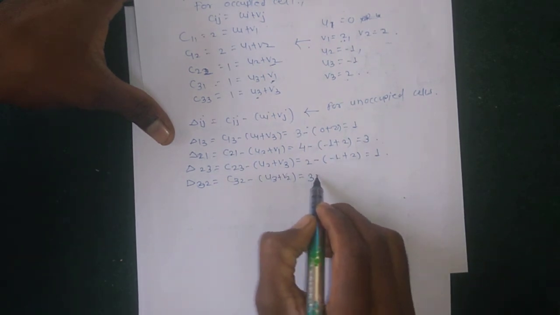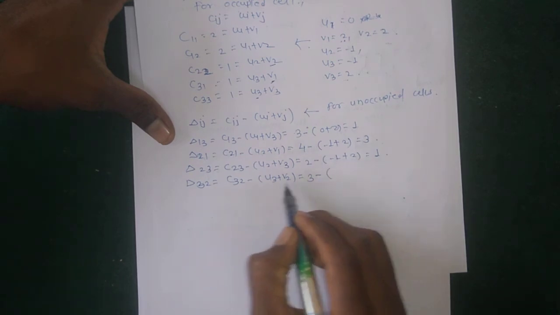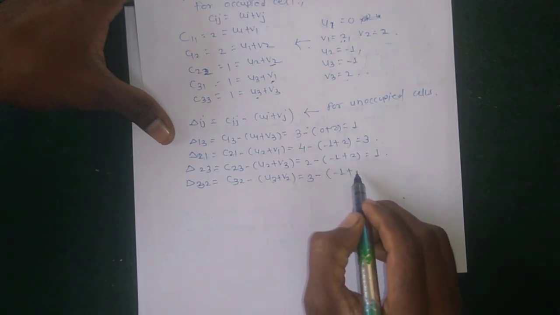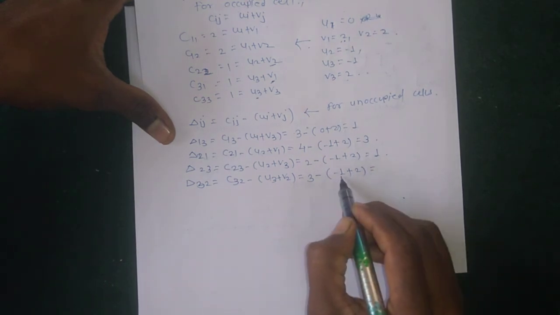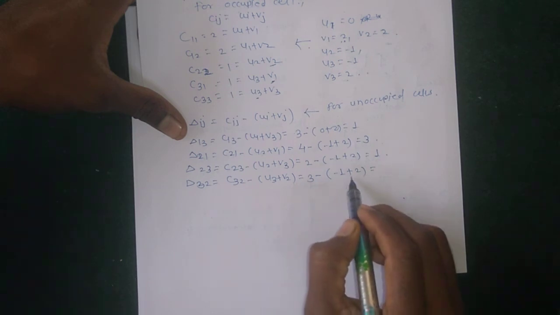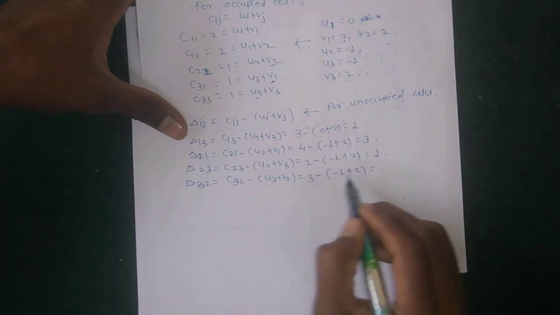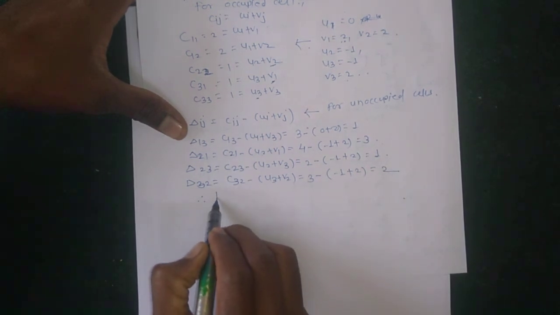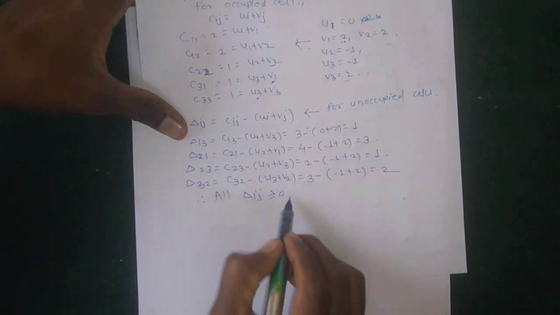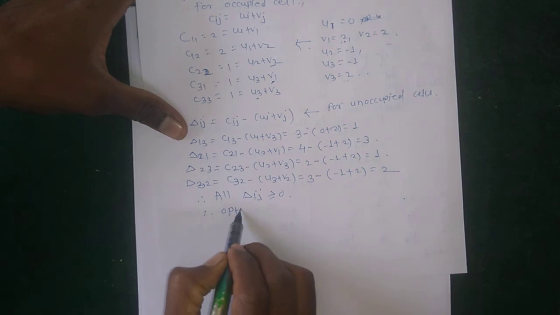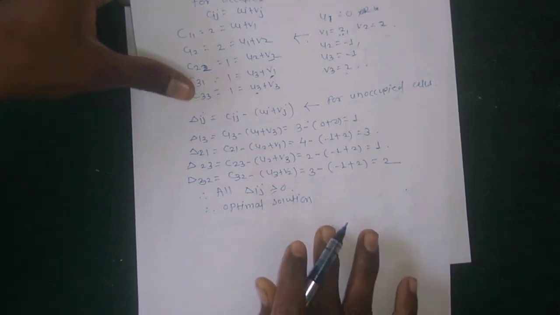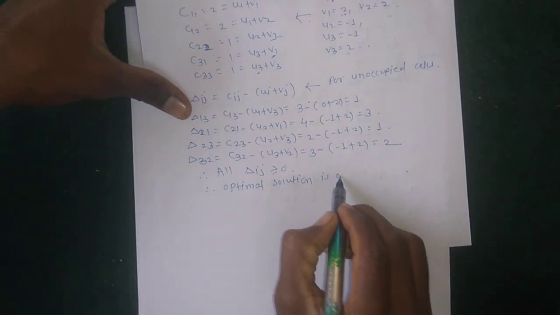C32 has value 3, minus (u3 is minus 1 plus v2 is 2). So minus 1 plus 2 is 1, and 3 minus 1 is 2. And therefore all delta ij are greater than or equal to 0, and therefore the optimal solution is obtained. Okay, optimal solution is obtained.